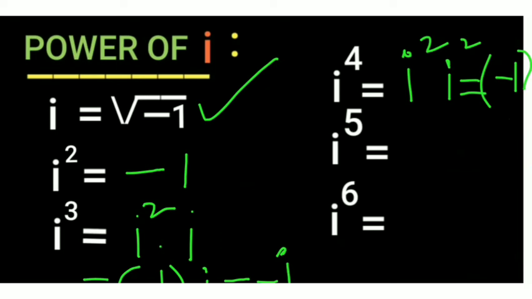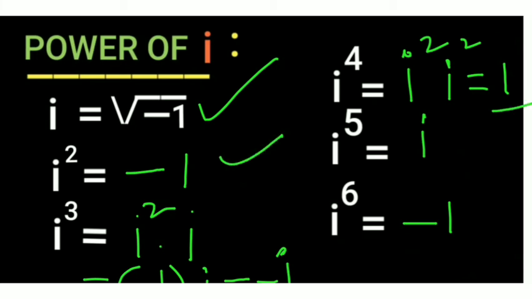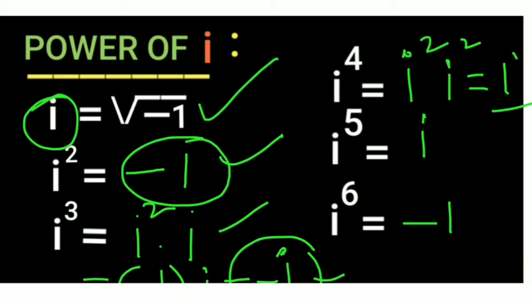So we get i power 4 equal to plus 1. Then i power 5 is i, and i power 6 is minus 1. Again, as we continue the powers of i, we always get i, minus 1, minus i, and plus 1.